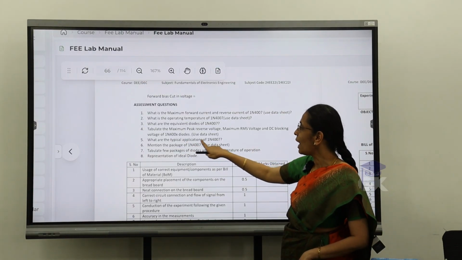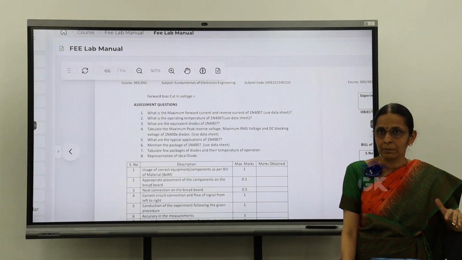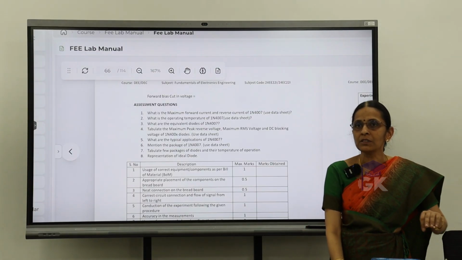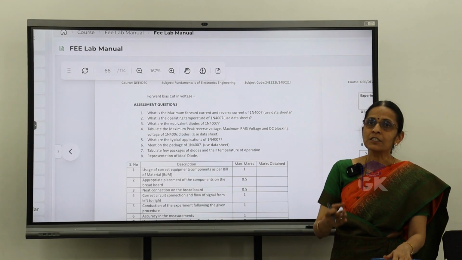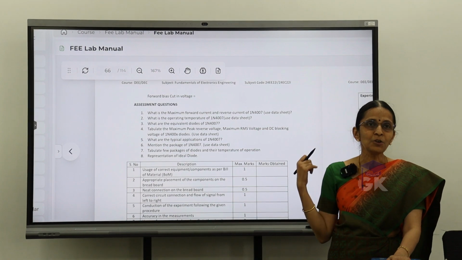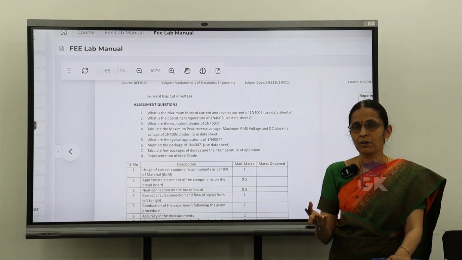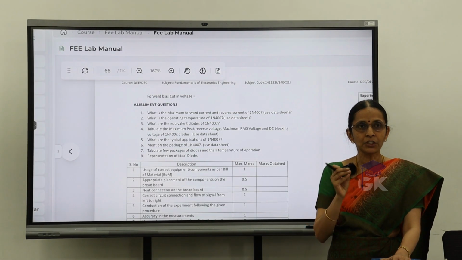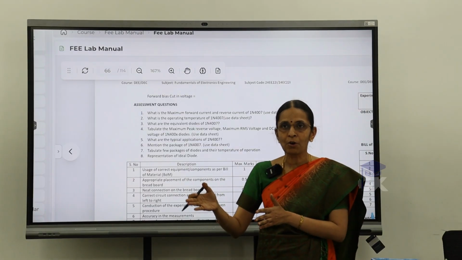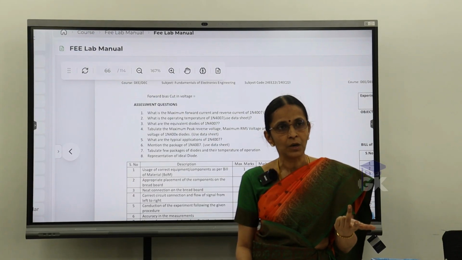Next, what are the typical applications of this diode? See, I cannot use the same diode for all the purposes. This 4000 series diodes are rectifier diodes. If I want it for a fast switching operation, then I cannot use this 4000 series. I should go for another one, say 1N4148 or something like that. So each diode has got its own application. Fine. So they should know I cannot use the same diode for all the purposes. For example, I have OA79. I have say BY127.